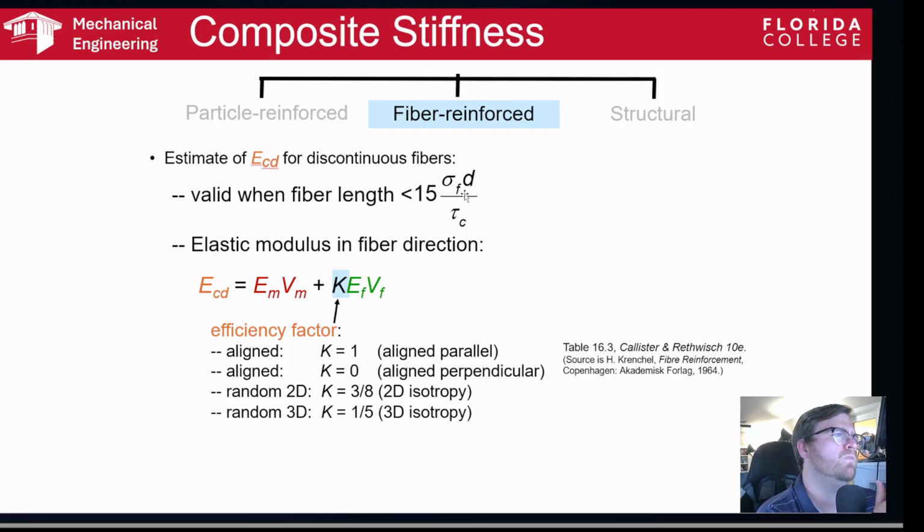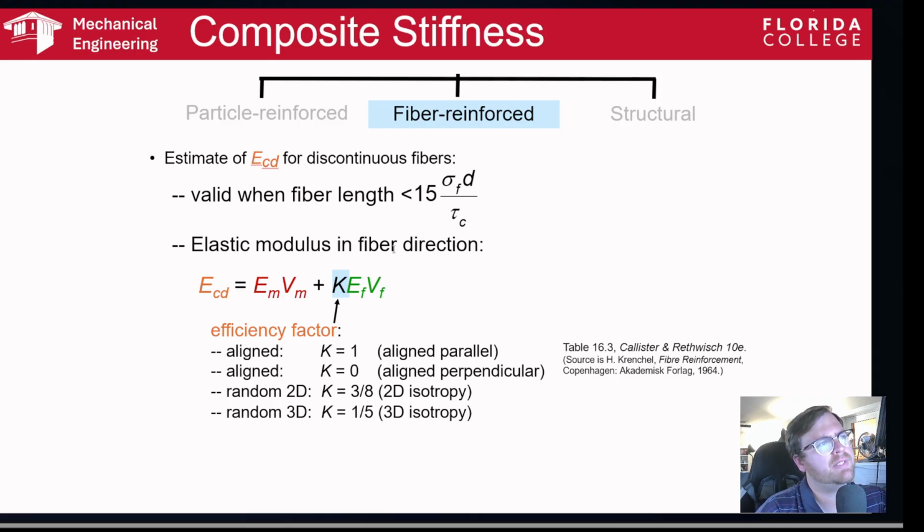But as far as efficiency is concerned, this is where the point between continuous fibers and discontinuous fibers separate, and that is when our fiber length is less than 15 times the value of our material properties for the fiber.